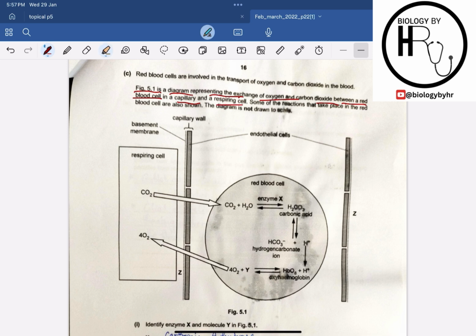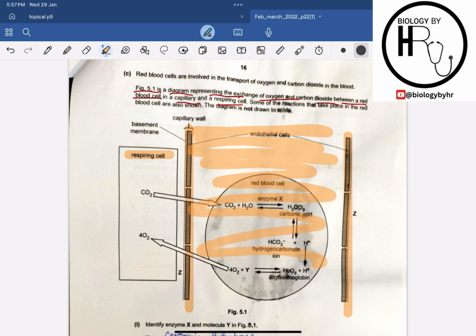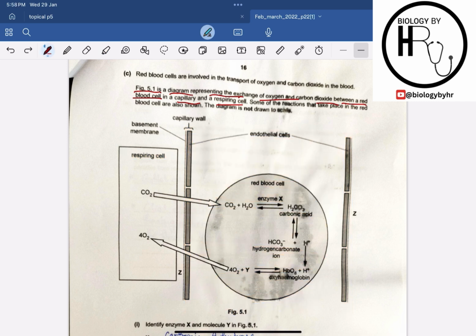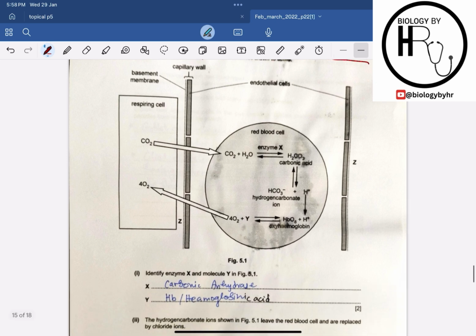This is the respiring cell, and this is the capillary wall, and contained within the capillary is the blood, and the blood contains the red blood cell, right. Some of the reactions that take place in the red blood cell are shown. Now they are saying identify the enzyme X and the molecule Y in this diagram.